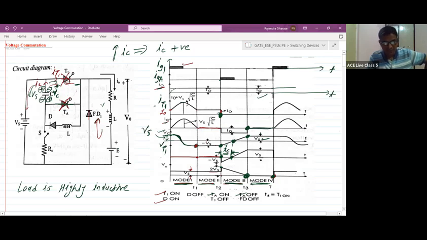But suppose we reduce the value of L, from highly inductive to only an RLE load, then the effect of E will be observed. Means in the V0 waveform, you will get the pulse of E.